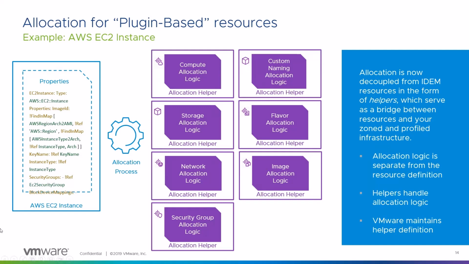So you can see here that as of 8.14, we have 7 allocation logics that we can use within the VMware Cloud template, and this will make more sense once we get into the actual demo.